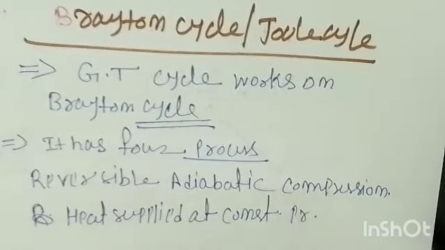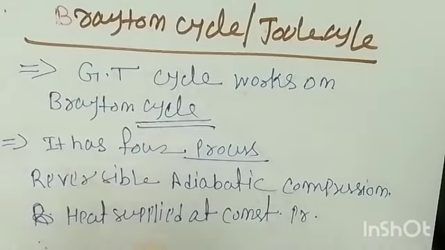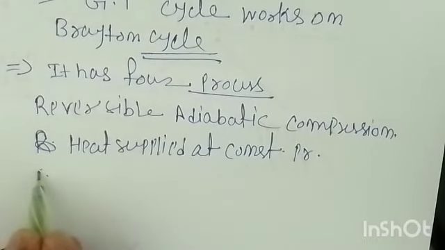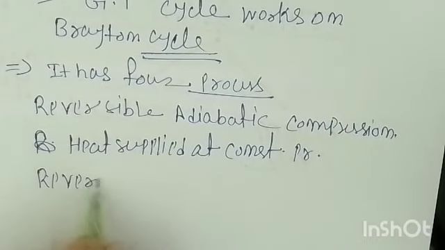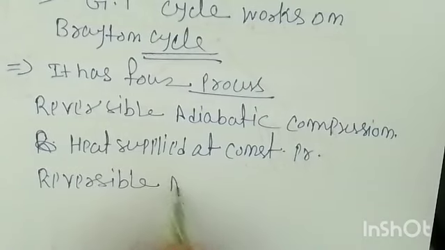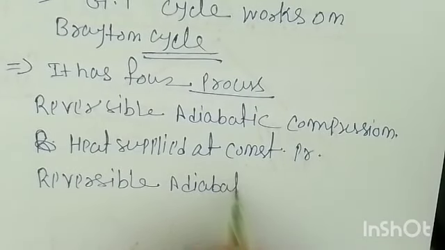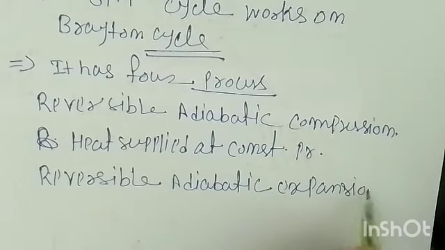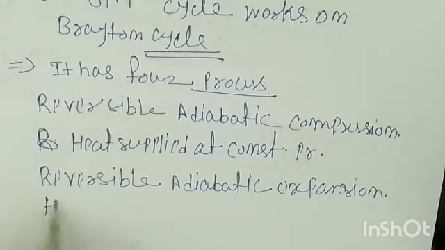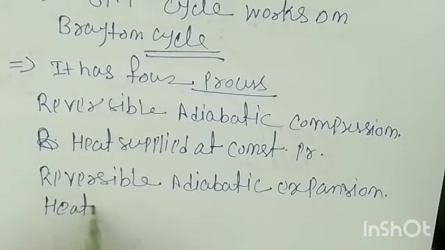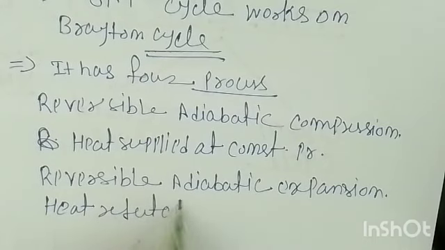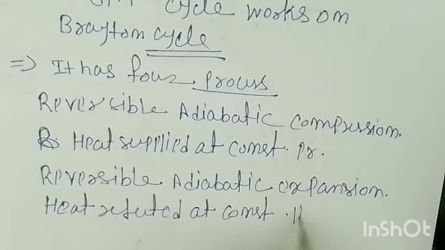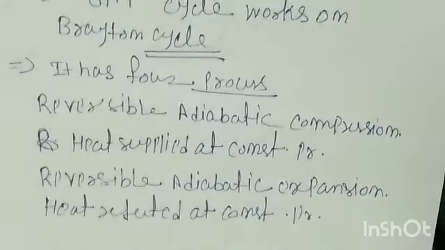Next, after adding the heat, we have to expand the gas. So you can say that further reversible adiabatic expansion, that will be in the turbine, right? And then finally you have heat rejected at constant pressure, that will be in the heat exchanger, okay. So these are the 4 processes.